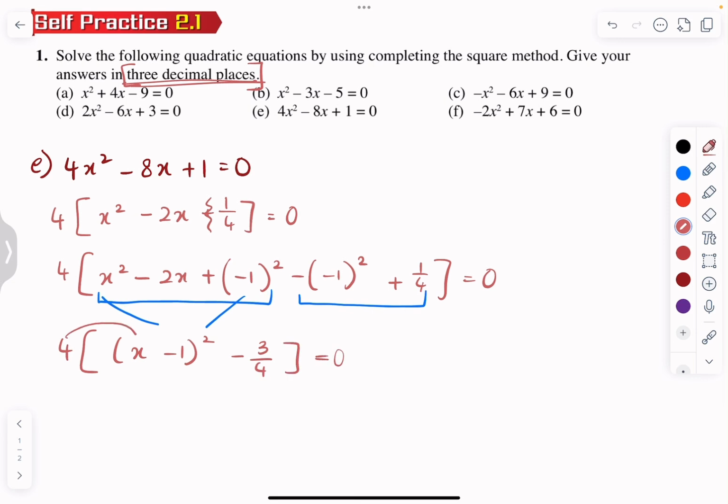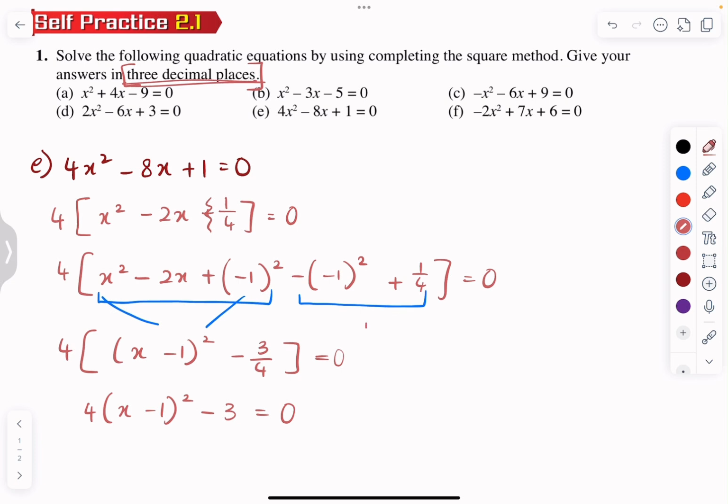Then we expand the 4 inside. So we get 4 times x minus 1 square minus 3. Okay, negative 4, we times with this term and we times with this term.